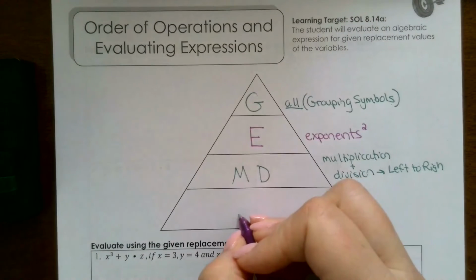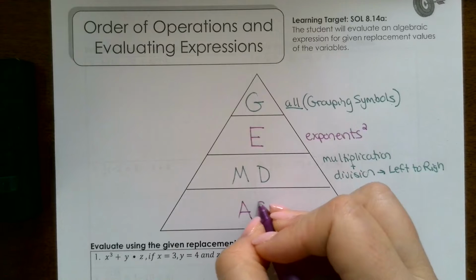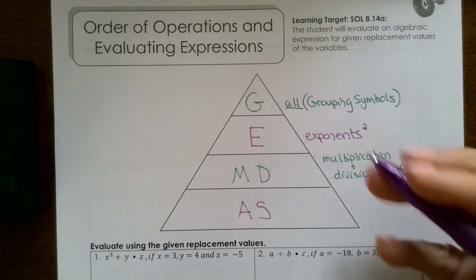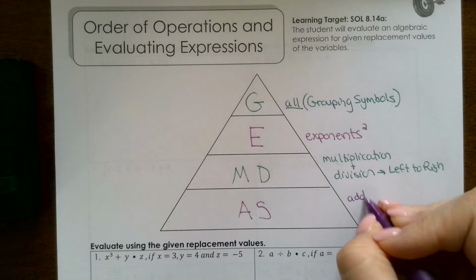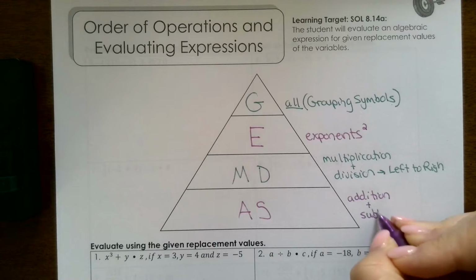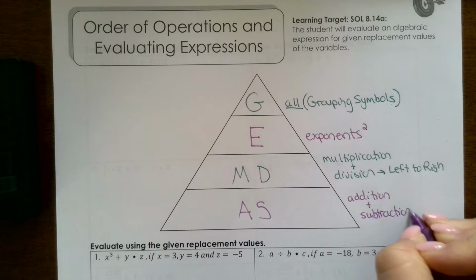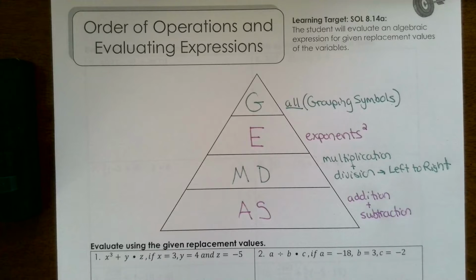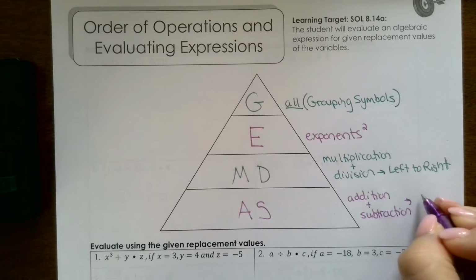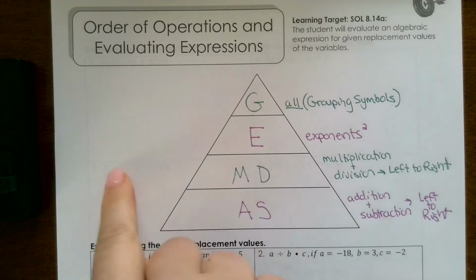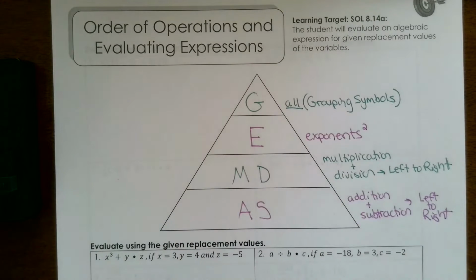Finally, when you're solving your expressions, evaluating, it's going to be addition and subtraction. And like multiplication and division, I forgot the T for my right up here, that is left to right, just like you read a book across.